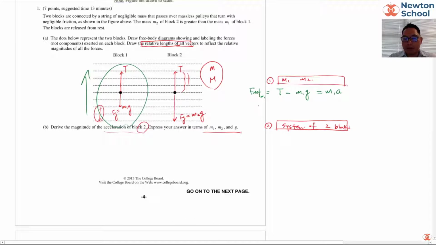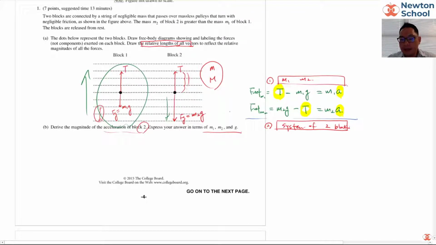For F net on M2, you have gravity winning: M2g minus tension equals M2a. And again, we have to agree this tension equals that tension because it's the same rope, and this acceleration equals that acceleration because they're a connected system.